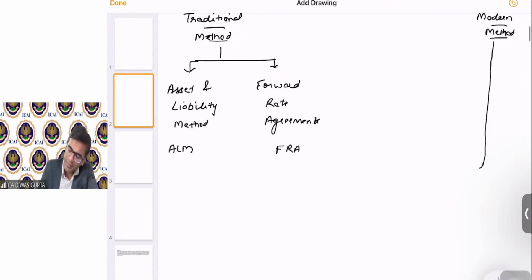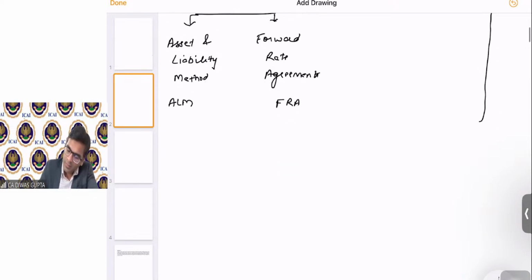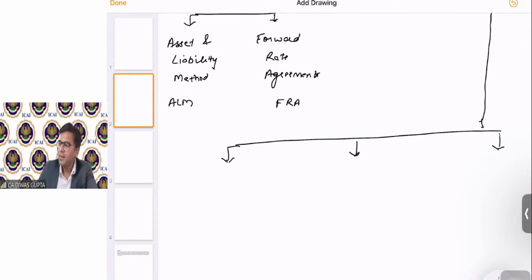Modern methods are three. One is interest rate futures. Second is interest rate guarantees.